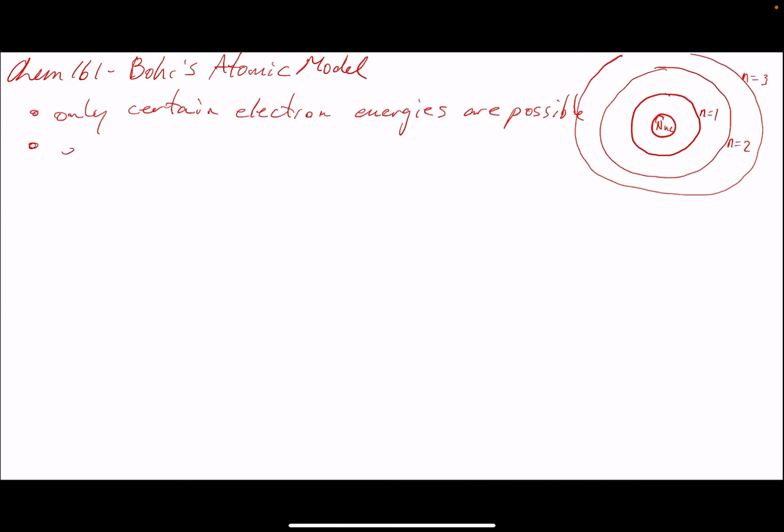And so we'll say here that the energy of the electron must be quantized. Okay, so only certain energies are allowed given that they can only exist on certain circumferences around the nucleus.